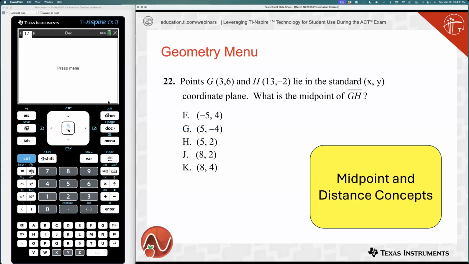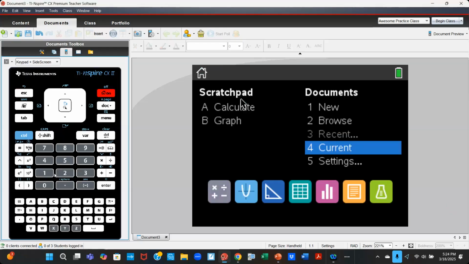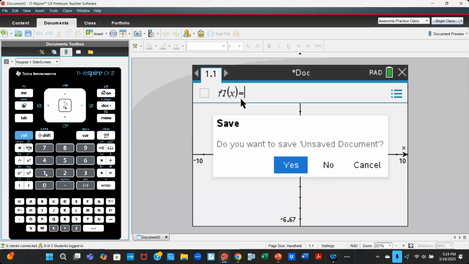So I'm going to take the screen and share my screen, sharing screen number 2. And here I am on my graph page. So just to start from the top, I'm going into my home page, a new document. I'm not going to save that one.